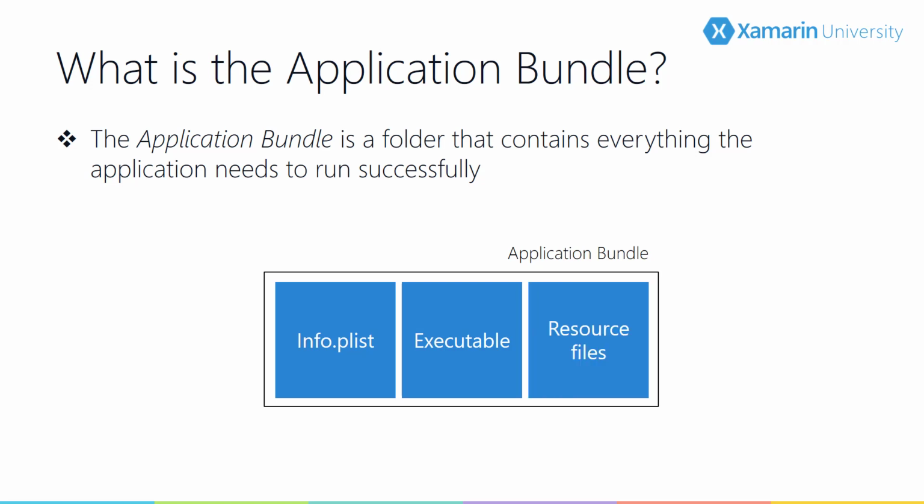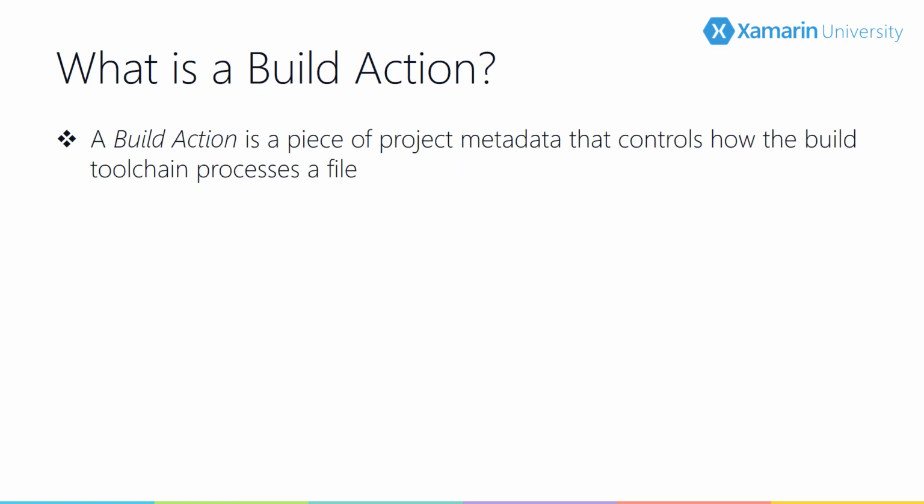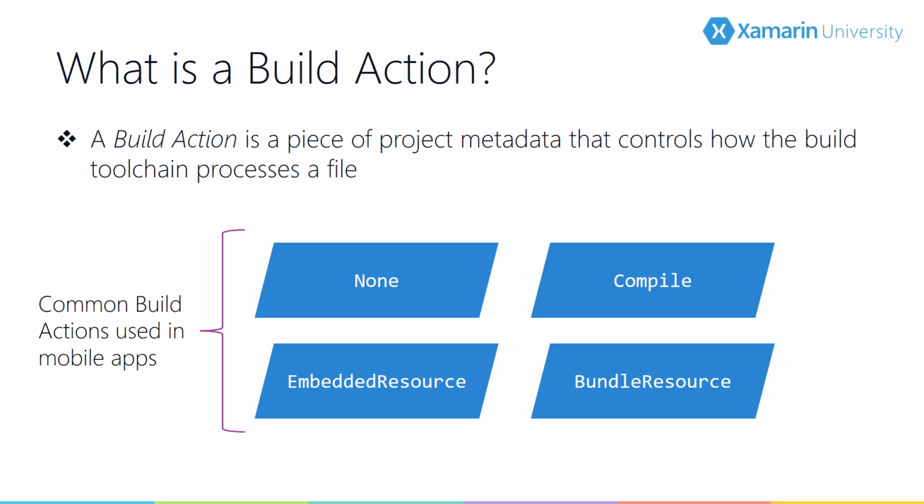These are our assets. Now, when you add an asset or a file into your application, it will get assigned a build action. A build action is a piece of metadata that controls how the build process and toolchain will process that file. There are many types of build actions. Here are some of the common ones: none, compile, embedded resource, and bundle resource.